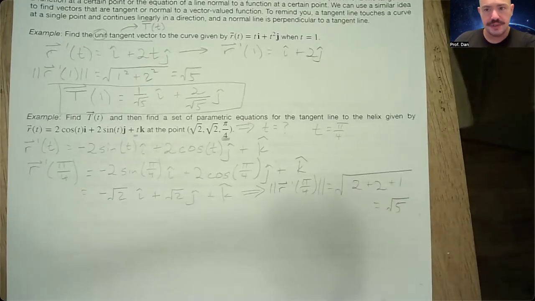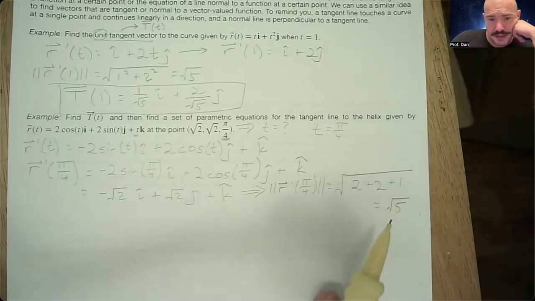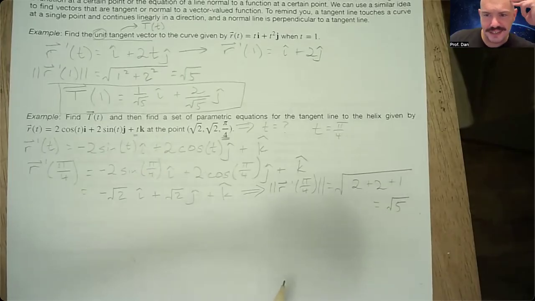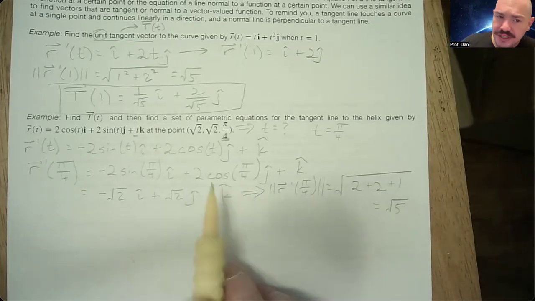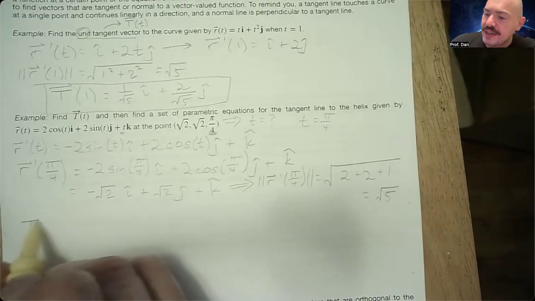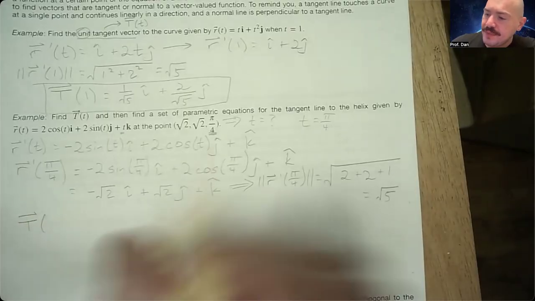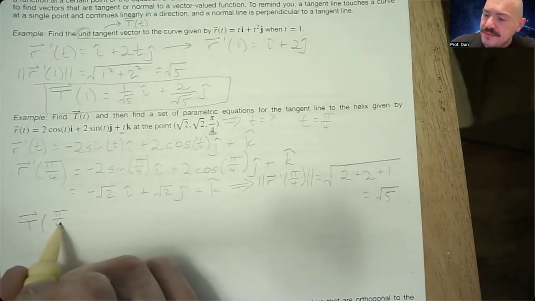If you're clever, you could actually figure out that the magnitude of r prime is the square root of 5 for all values of t. It involves a trig identity. Pretty fun. Anyway, now that we've got everything we need, I can actually write out what T of pi over 4 is.